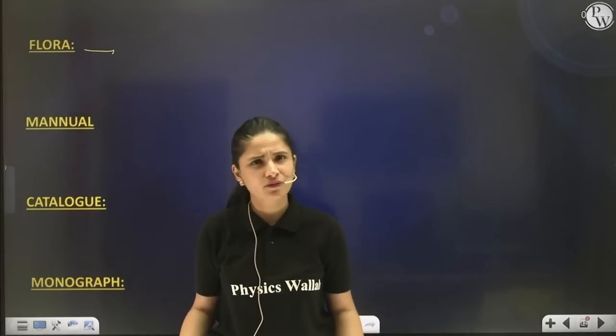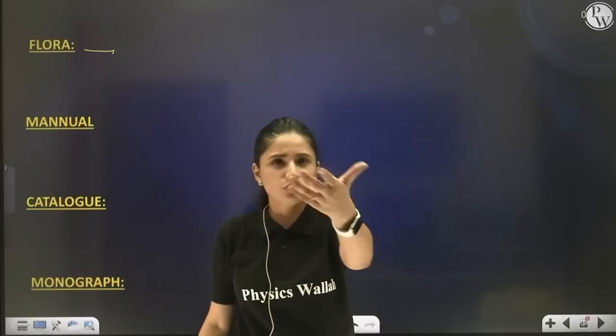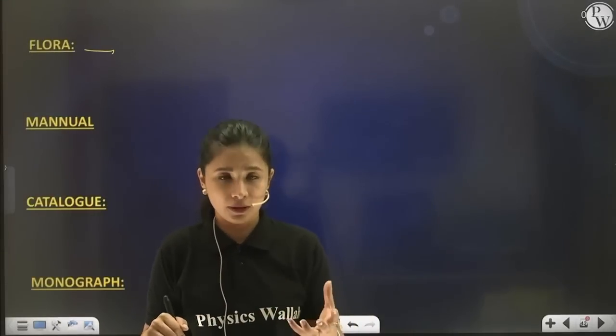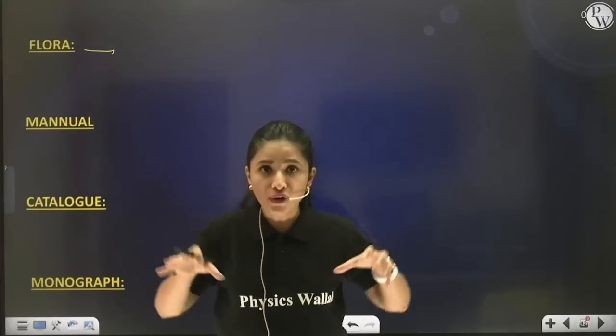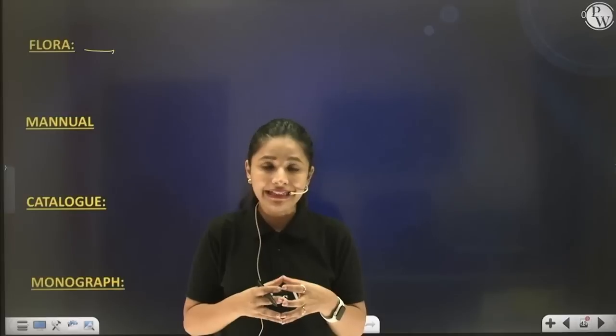Flora is a book. You all must have observed, I hope in your school libraries also flora must be kept. Flora is a book which contains a vivid description of the habitat and distribution of all the plant species found in a given area. It is like an index to all the plant species found in a given area.